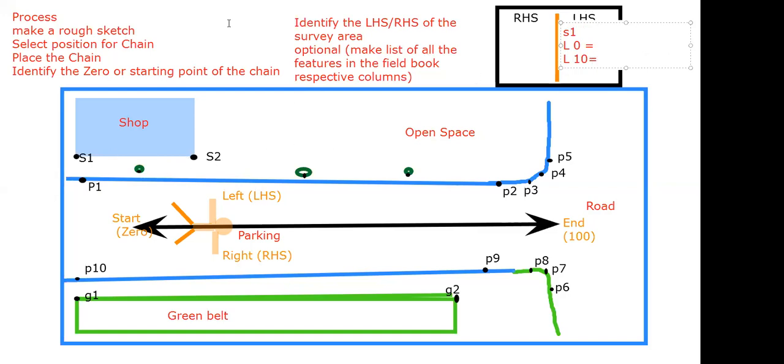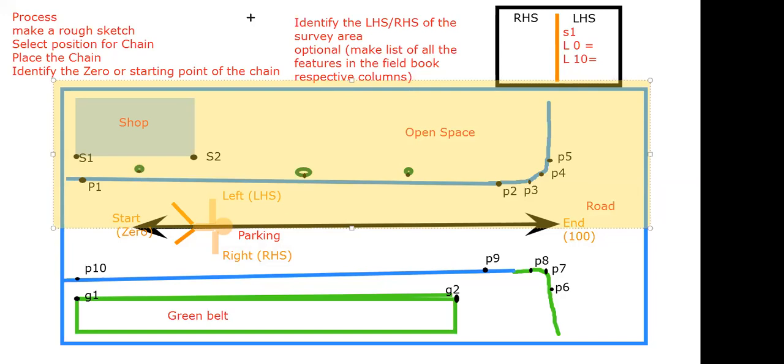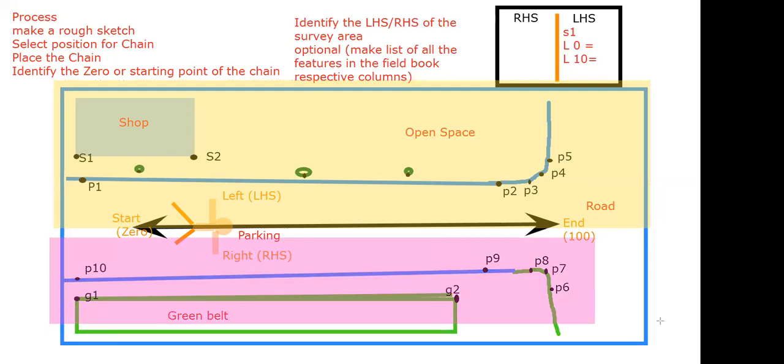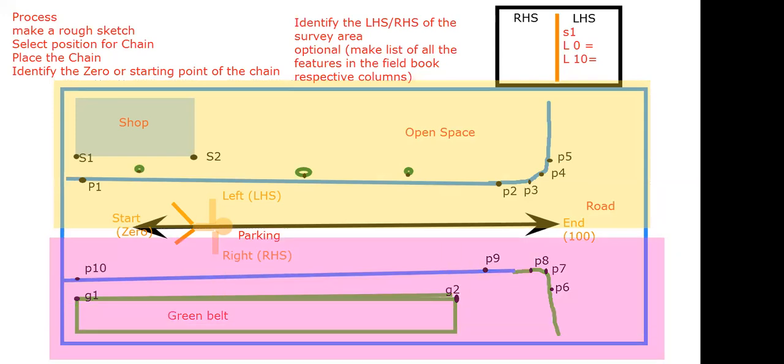In left hand side, let me make it a bit clear. Okay, so this is our left hand side of the map. All the features which are in the yellow shaded region will be the left hand side, and all the features which are in the pink shaded regions are the right hand side features. So you will make all the list here: S1, S2, P1, P2, and up till P5. And these trees, I forgot to label these trees.